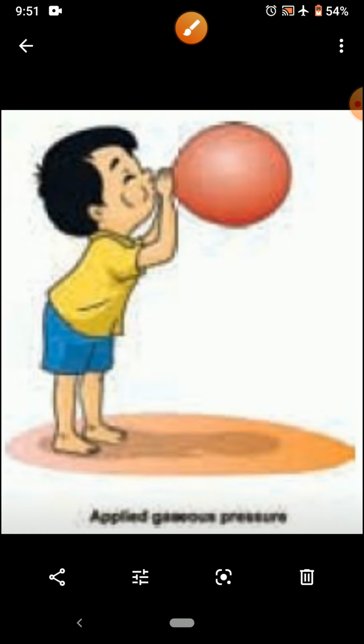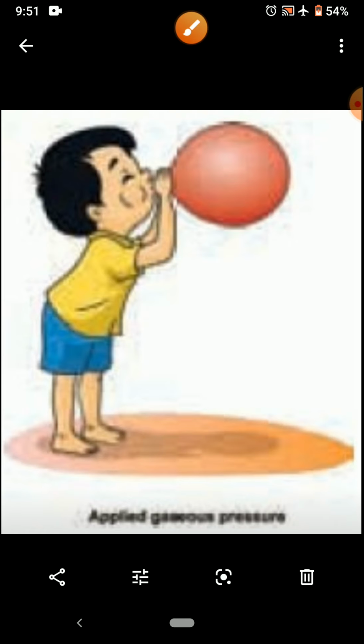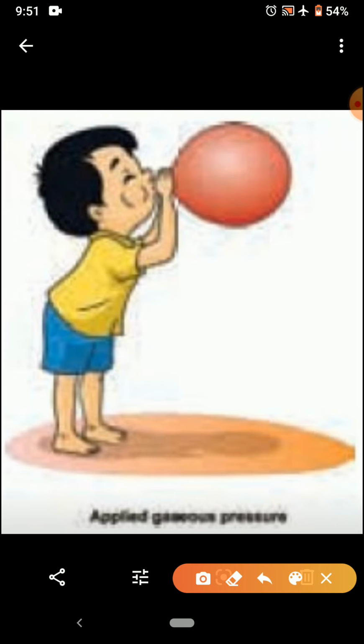When we inflate air in it, the air inside the balloon exerts pressure on the walls of this rubber balloon, and it expands, and the size of the rubber balloon goes bigger and bigger as much as air we inflate inside it.